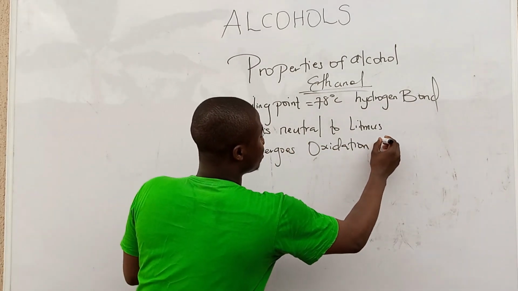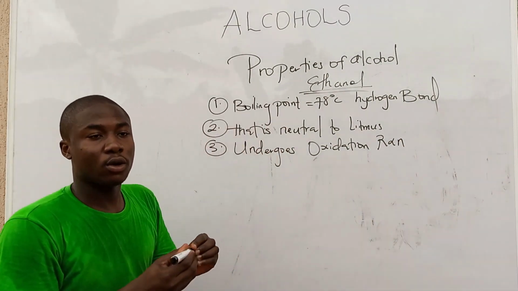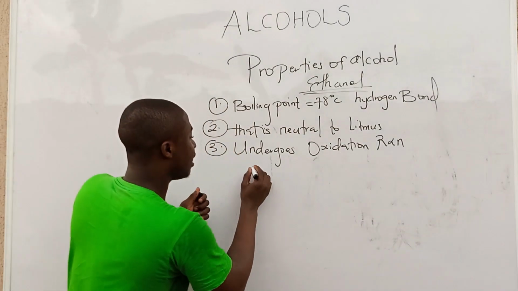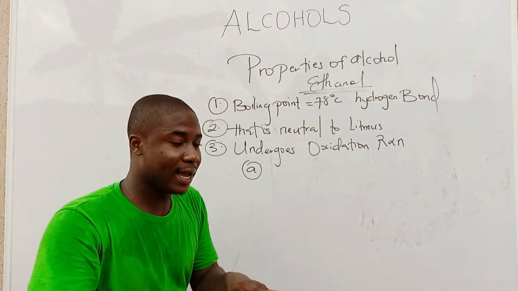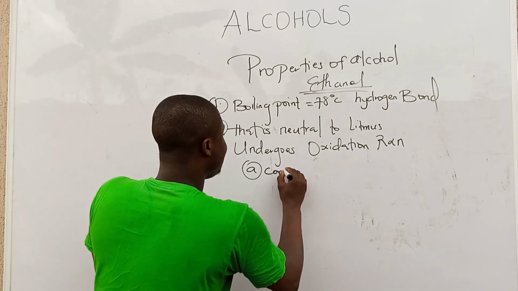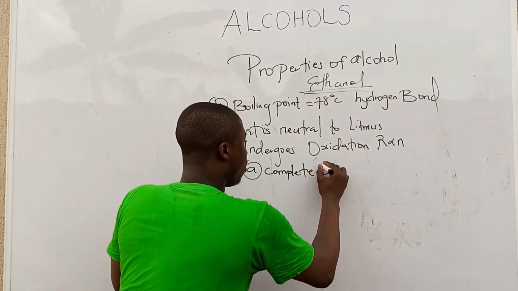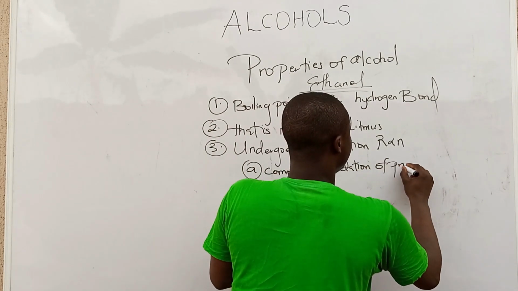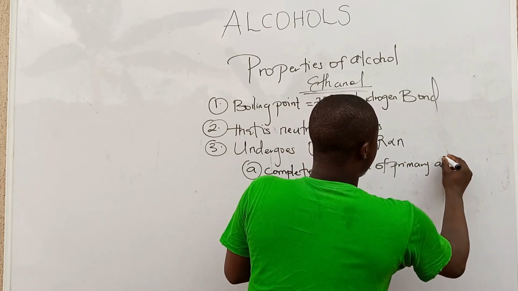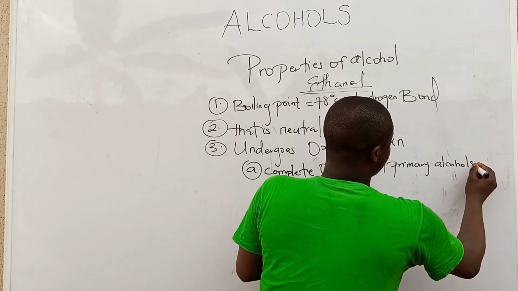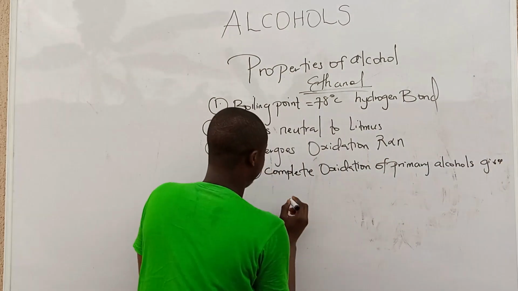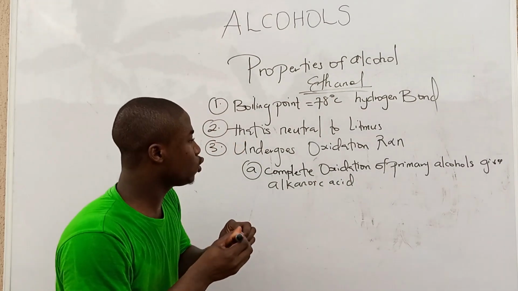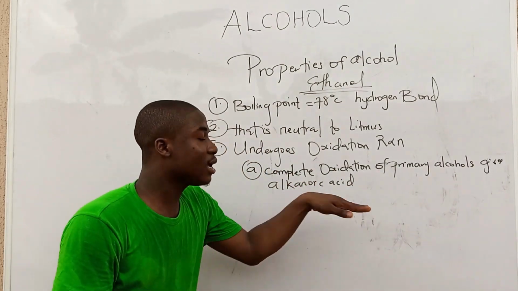Basically, alcohols generally, when they are completely oxidized, so complete oxidation of primary alcohols gives alkanoic acid.